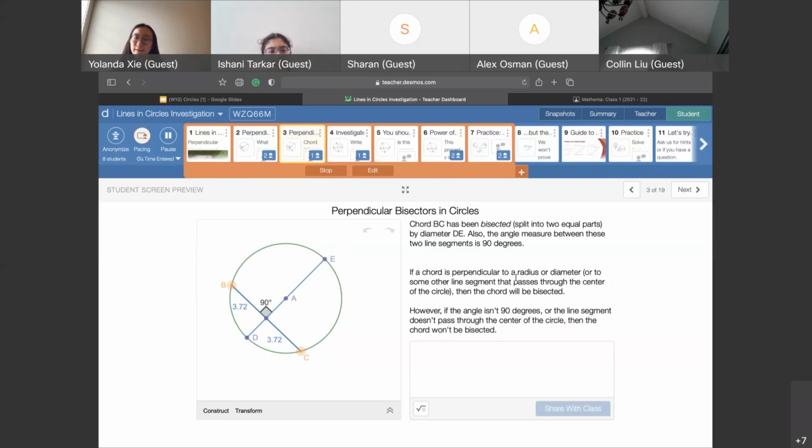The rule is that if a chord is perpendicular to a radius, diameter, or just any segment that passes through the center of the circle, then that chord is bisected. So it's split into 2 even halves. But if the angle is not 90 degrees, or if the line segment does not pass through the center of the circle, then this rule does not apply.